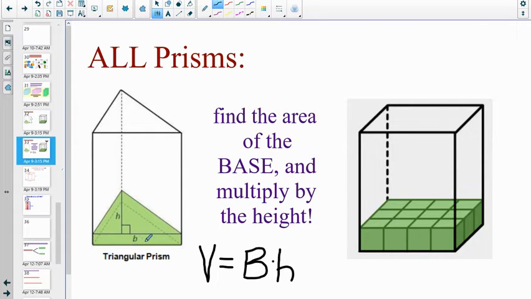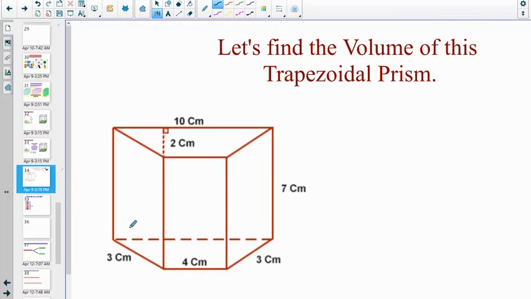I use a lowercase b because that's this length, but then this capital B, that's the area of the whole base. So lots of information going on here, but that's my formula, whether it's a triangular prism, rectangular prism, a square prism, or even a trapezoidal prism, as we're looking at right here. But my formula just says that the volume will be equal to the area of the base.